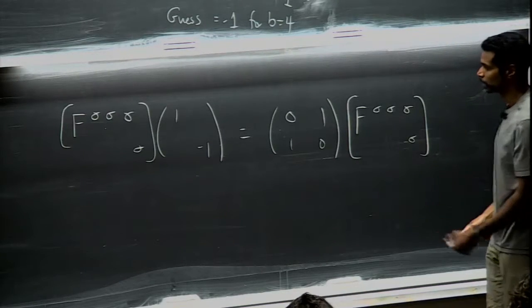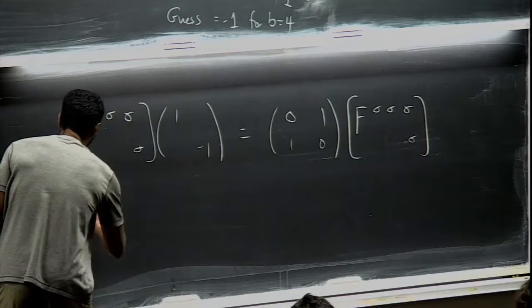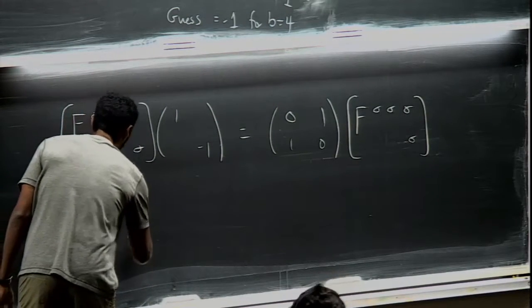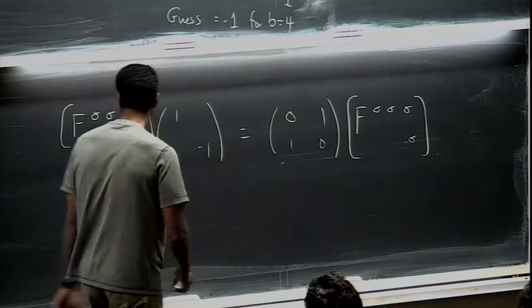But once we get to this stage, now we're happy because this tells us that f has to be equal to, f is just the change of basis from a spin in sigma z basis to sigma x basis.